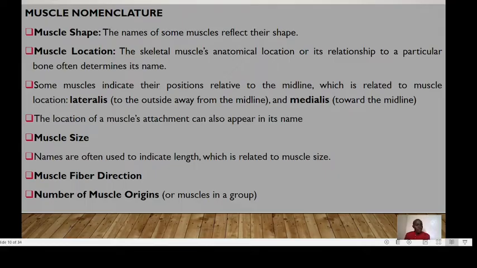Also, the location of the muscle attachment can appear in its name. We'll also be looking at the muscle size, where we're talking of maximus and longus. Names are often used to indicate the length, which is related to the muscle size. We will also be looking at the muscle fiber orientation or fiber direction, and lastly, the number of muscle origins or muscles in a group.